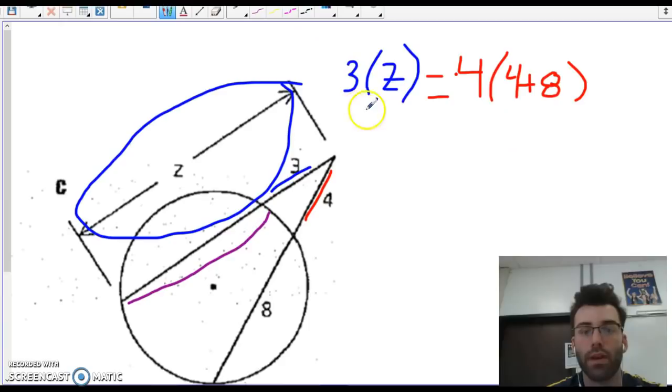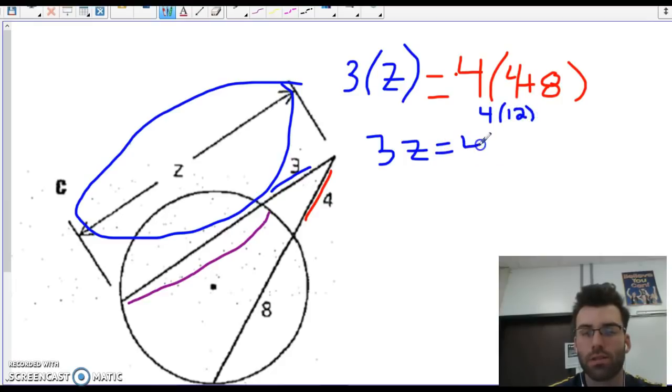Well, that's just 3z. 4 plus 8 is 12, so 4 times 12, well, what's that? 48. Divide by 3. So z equals 16.